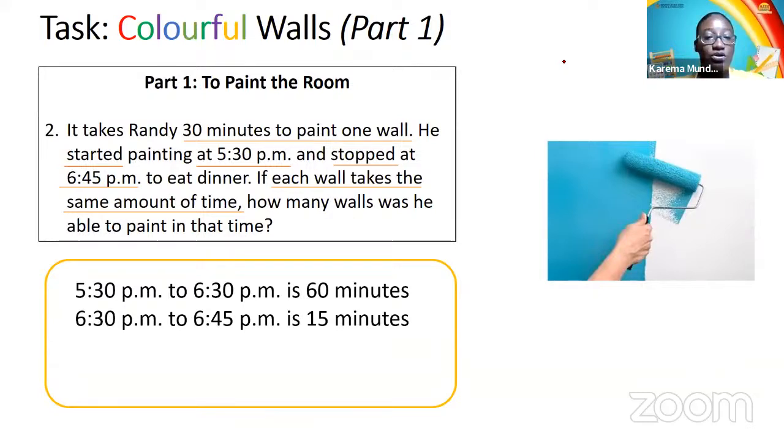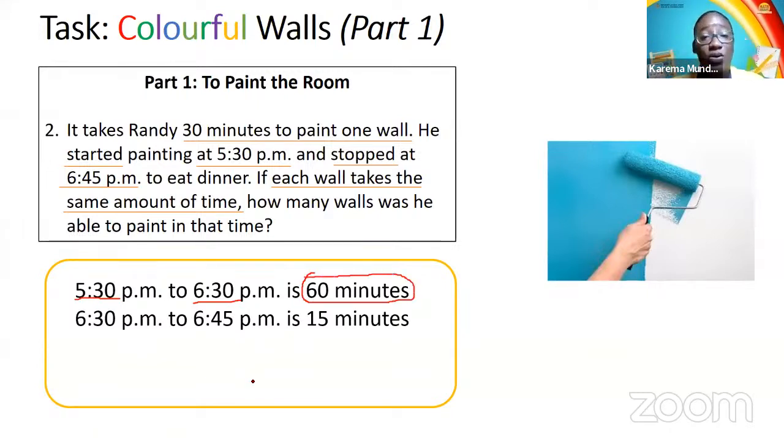I apologize. So let me just repeat what I was saying. I'm saying to myself, 5:30 p.m. to 6:30 p.m. is 60 minutes. And though I am thinking that, I am also writing it down so that the person who is reading my paper knows exactly what it is that I'm thinking.